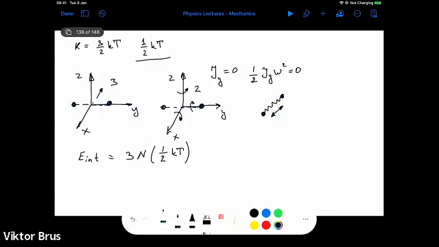So this is what we get from translational motion. Let's mark it as U translational.